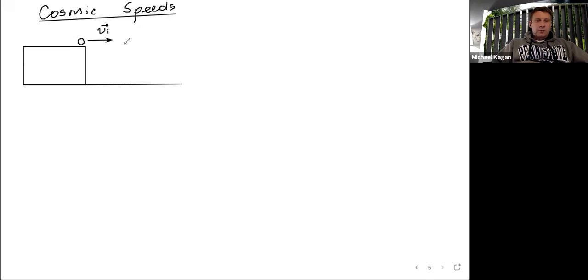You know the ball will follow some parabolic trajectory and fall down. Now, suppose you double the speed. It will go slightly further. Well, not slightly, but twice as far. Okay?